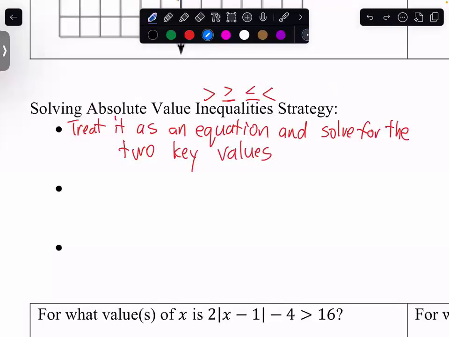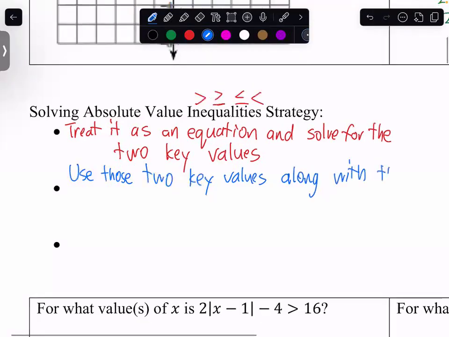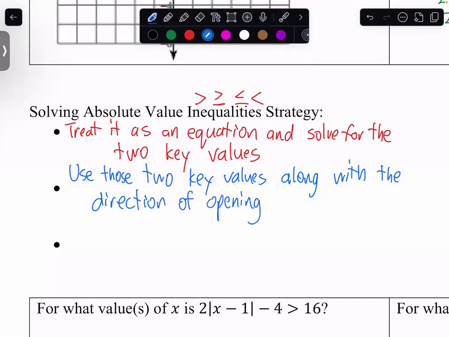Second step. You're going to use those two key values along with the direction of opening to draw a sketch.